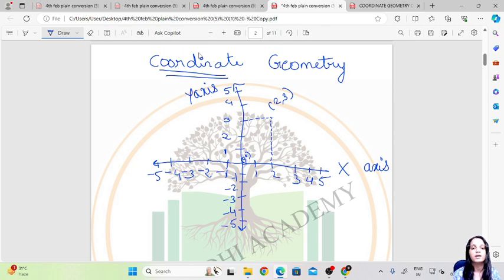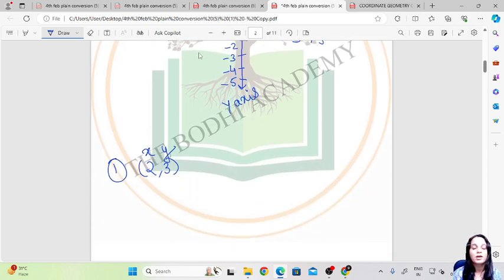Okay, -1. So this is your x-axis only, this is your y-axis. If I want to mark the point 4 comma -1, if you tend to get confused, you just mark this as x, and this as y.